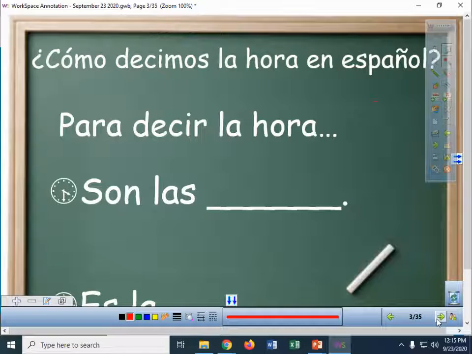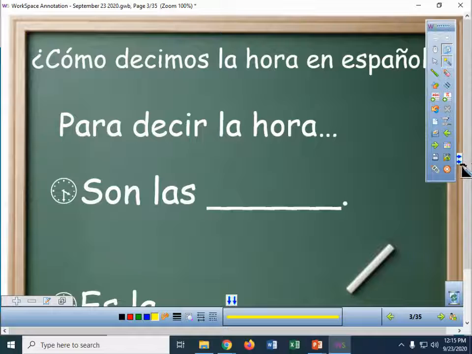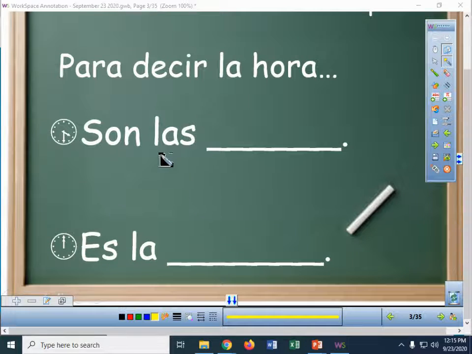All right. How do we tell time in Spanish? To tell time, we use son las, es la. Son las, es la.